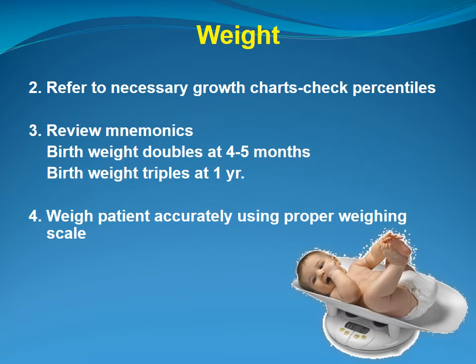Likewise, we need to use the necessary growth charts and check the percentiles if the patient falls in the appropriate weight. I'll be giving you some mnemonics for you to easily remember these ideal weights. And lastly, we should weigh the patient accurately using a proper weighing scale.